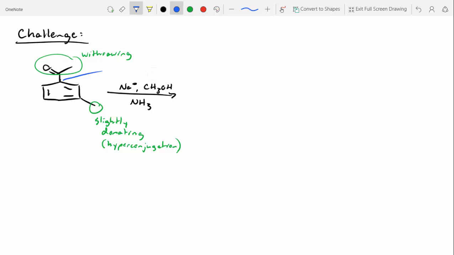So if we look at this carbon, does this carbon want to be reduced? Yes. So I'll just say wants electrons. What about this carbon? No, it does not want electrons. It's already got a donating group on there. All right, so let's try to predict our product.